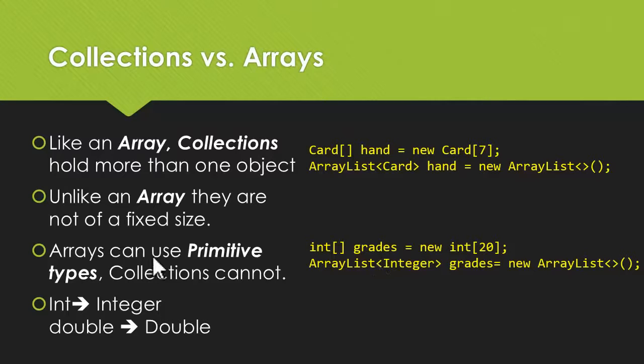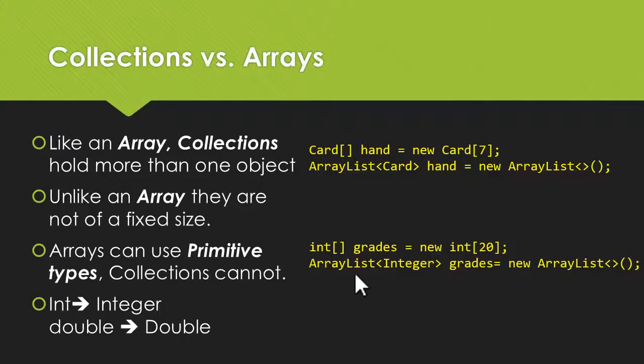The disadvantage is that arrays can use primitive types like ints and doubles, whereas collections cannot. Every data type used in a collection must be of an object type. Ints and doubles are not. That's why there's the built-in objects Integer and Double with a capital D. These are the object representations of the primitive types int and double.